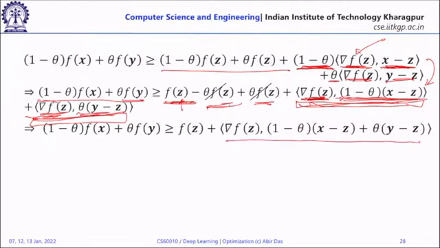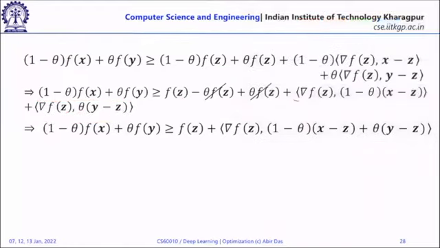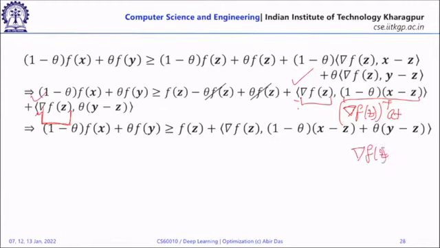Now just focus on this term and this term. These are common in the inner product, right? So it is like this transpose A, where I am denoting this as A, plus the same thing transpose B, where I'm denoting this as B. These are all vectors.